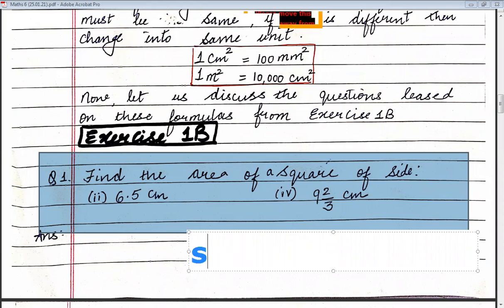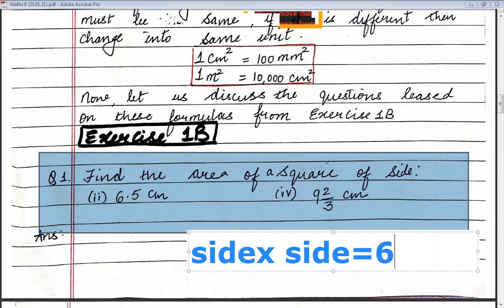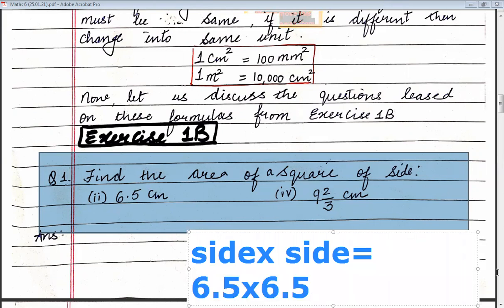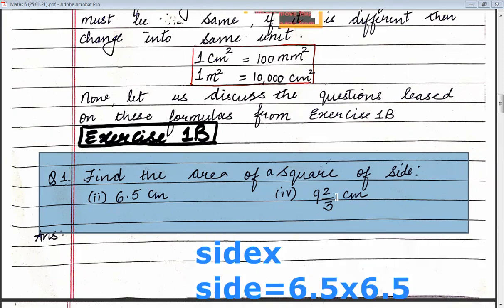Area of square is equal to side multiplied by side. So you have to multiply 6.5 with 6.5. So when you multiply these two things, you will get your answer. Okay, so area of square is quite easy. That is side multiply by side, and then you have to multiply the given sides.